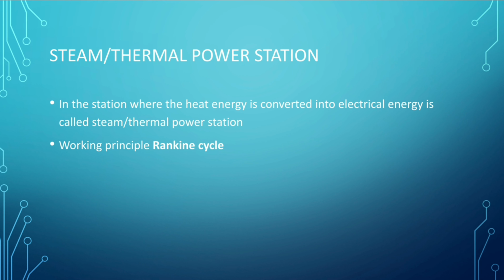In the Rankine cycle, by providing the essential arrangement, the boiler is used to produce steam by utilizing heat of coal combustion. The steam is expanded in the prime mover, which is a steam turbine or a steam engine, and is condensed in the condenser and then fed back to the boiler. The steam turbine will drive the alternator and convert the mechanical energy to electrical energy. So that is the Rankine cycle.